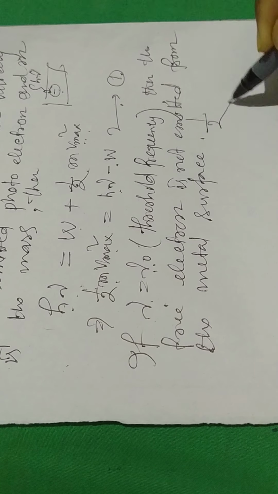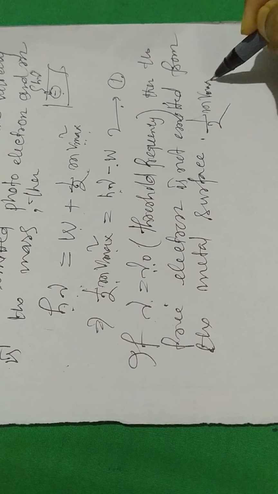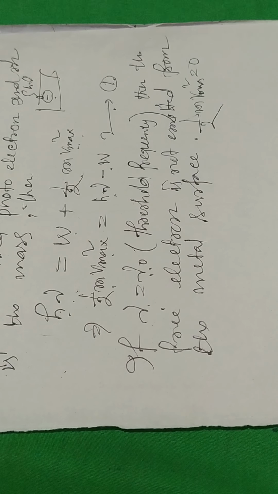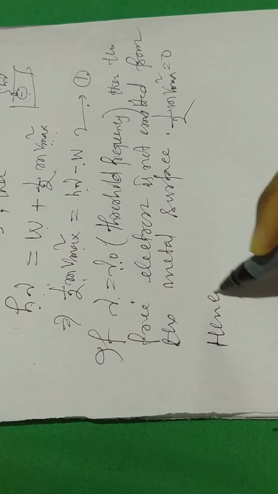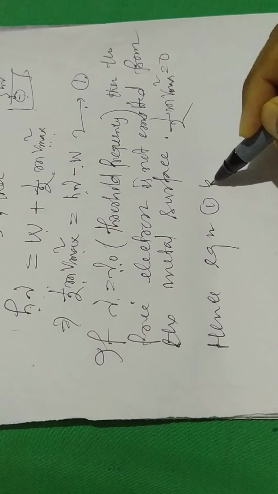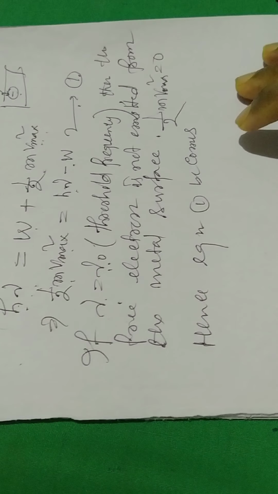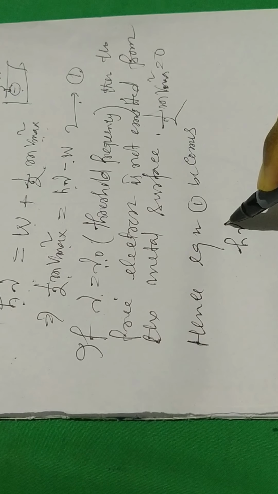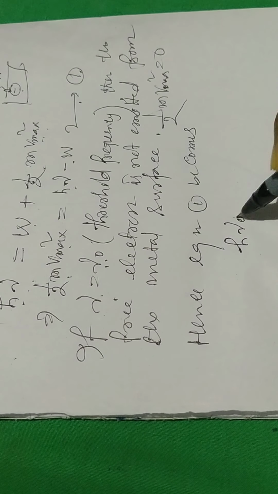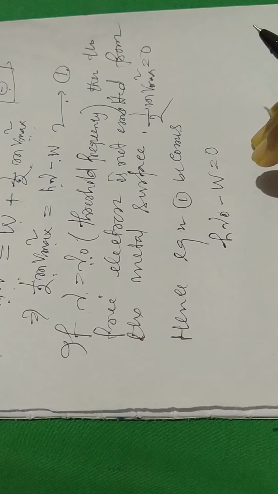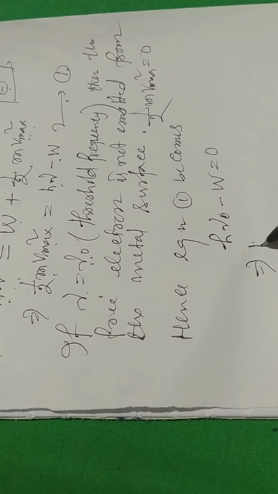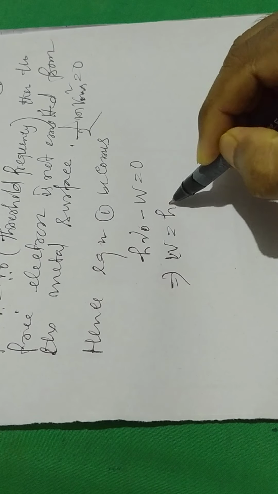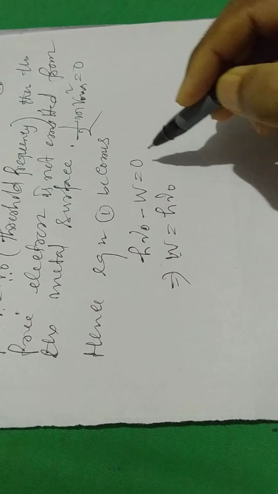It means the maximum kinetic energy of the photoelectron is 0. Hence equation 1 becomes h nu naught minus W equal to 0. So W equal to h nu naught, that is the work function.